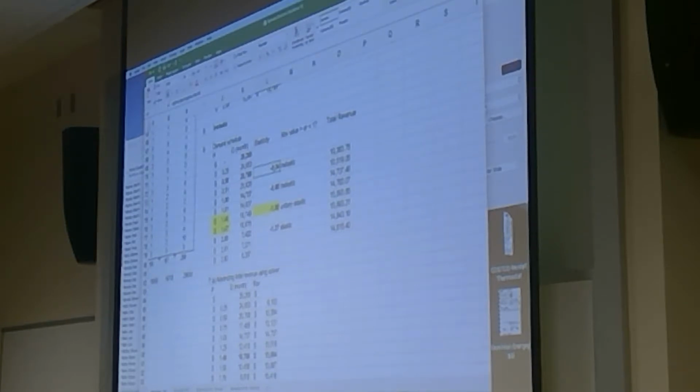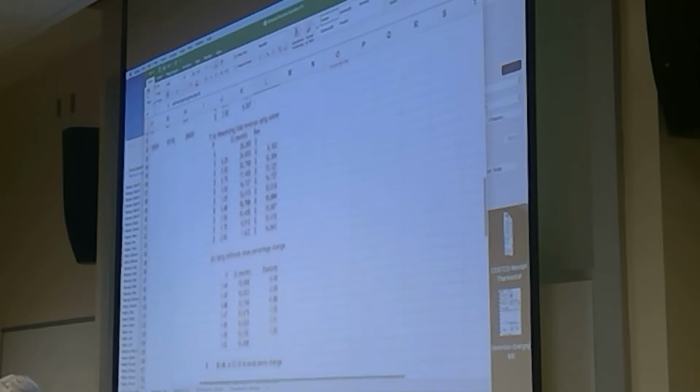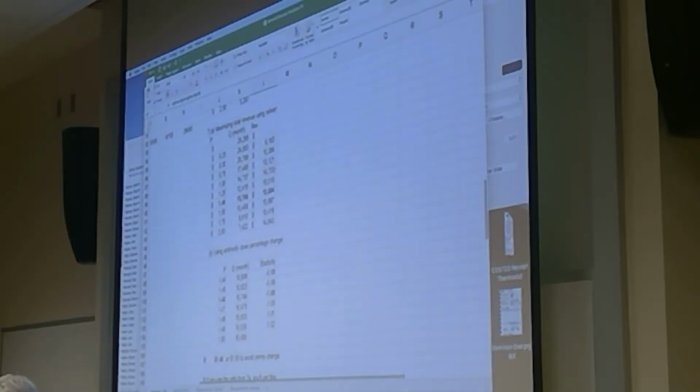All right, then in 7, we ask you to use Solver to find where demand is unitary elastic. Okay, so let me show you how to do that. I have here the same thing we've seen before.